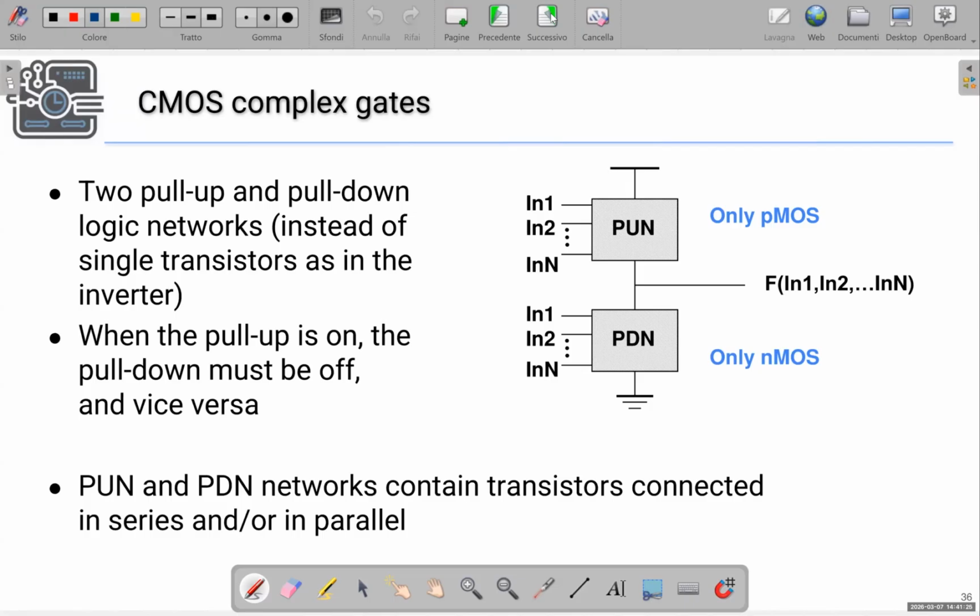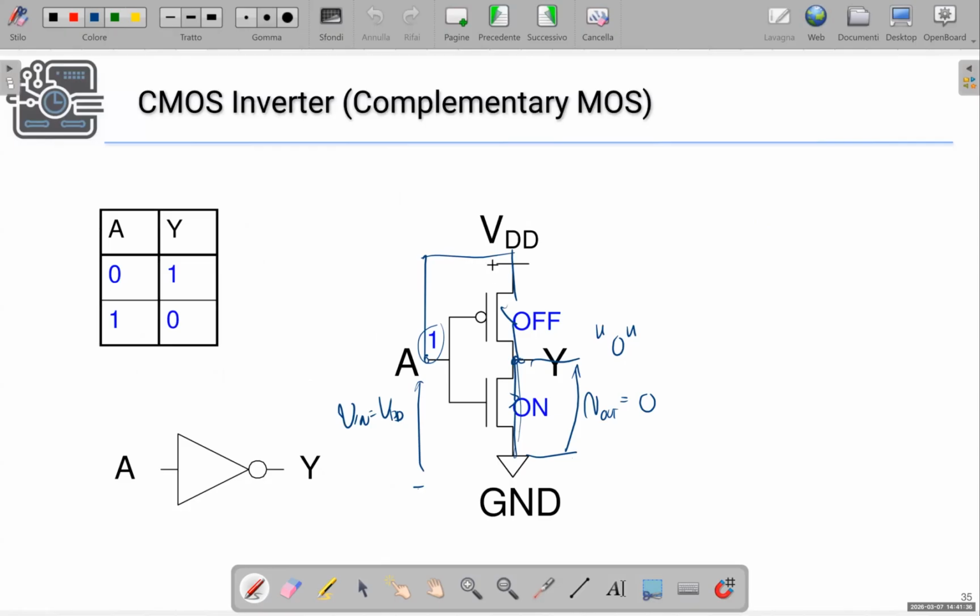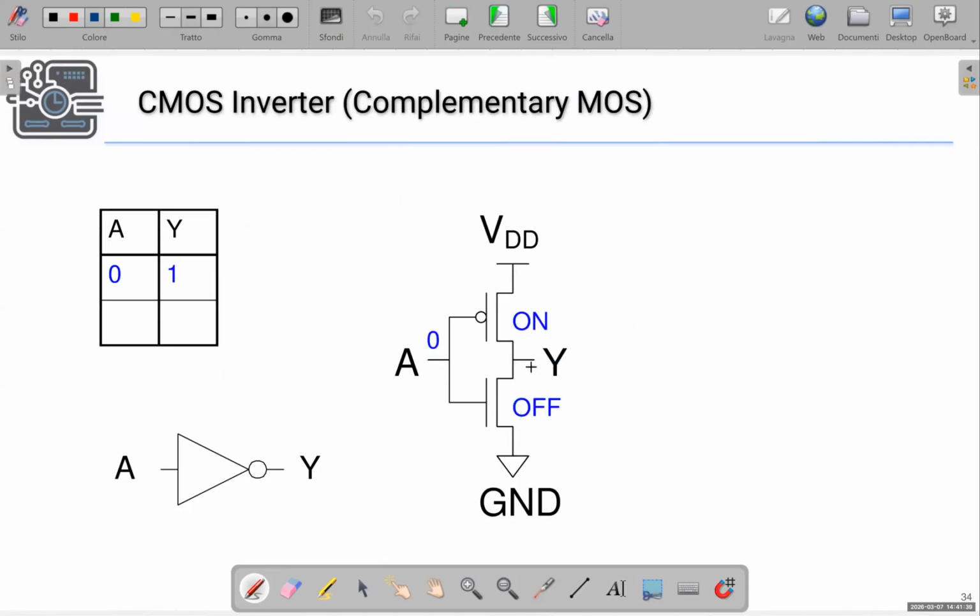Actually, the idea is to replace the single pull-up switch that is present in the CMOS inverter with a network of switches connected either in series or in parallel, so as to implement logical functions.